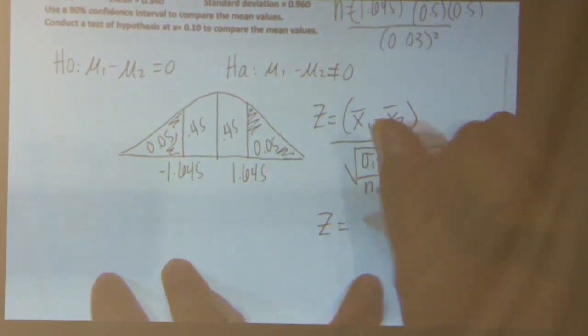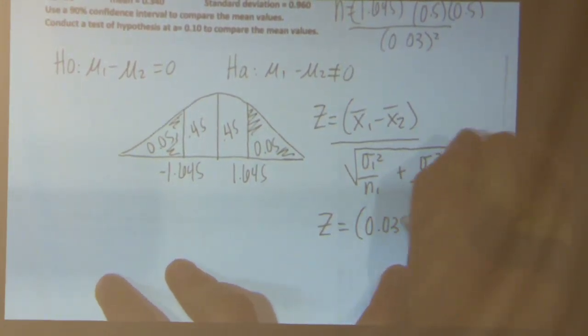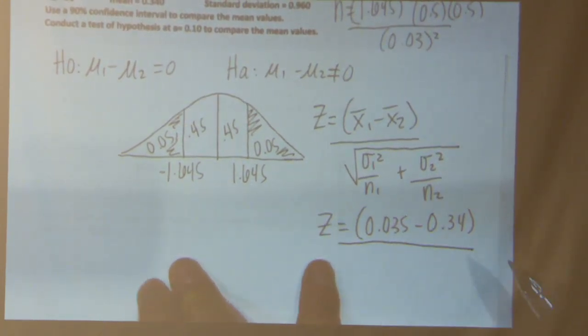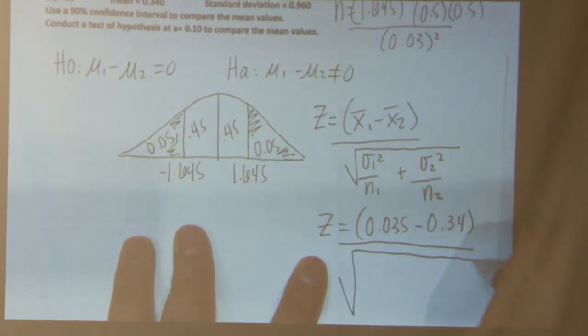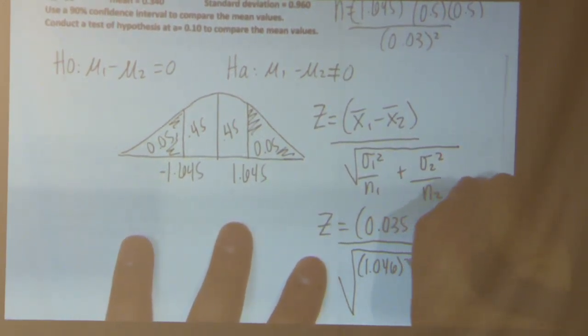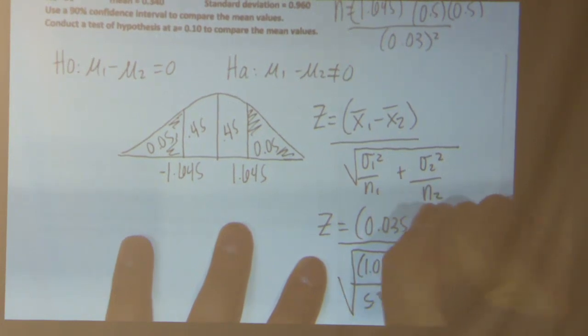So our x bar 1, again, is going to be the 0.035 minus out the 0.34. The first standard deviation, 1.046 squared divided by 53.